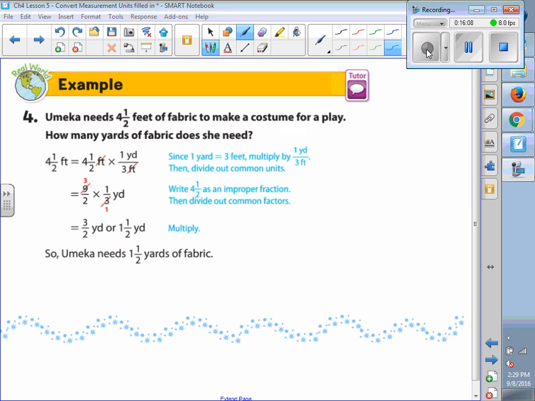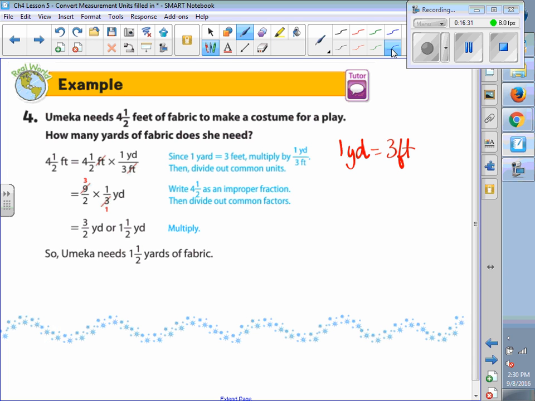Alright, for the last example, it says, Rumika needs 4.5 feet of fabric to make a costume for a play. How many yards of fabric does she need? So here, we're converting feet to yards. So we know that 1 yard is equal to 3 feet. Okay?